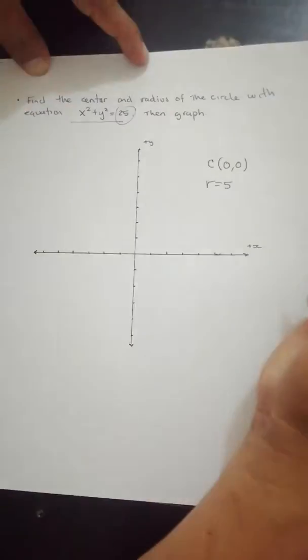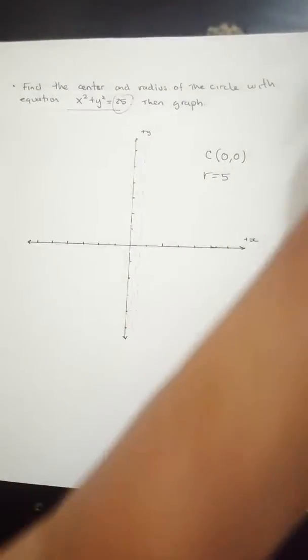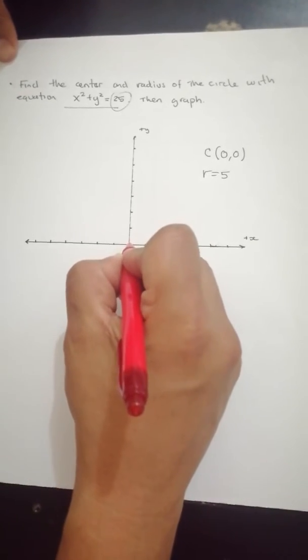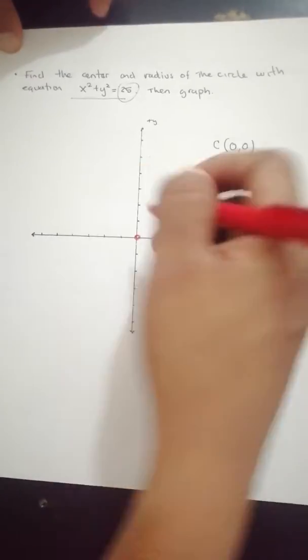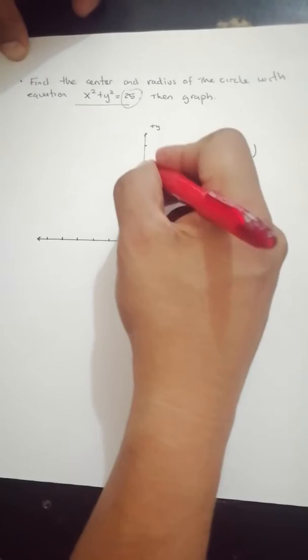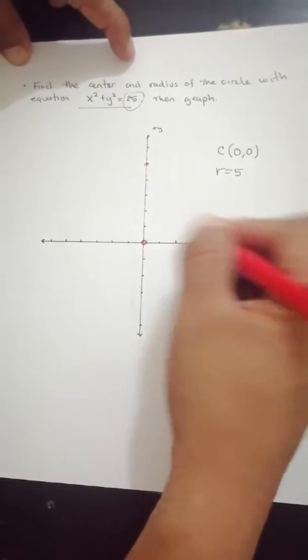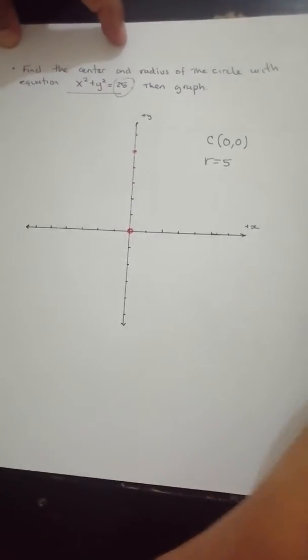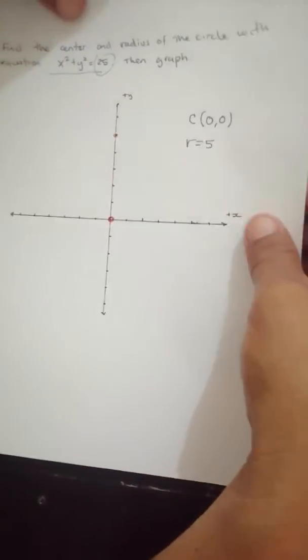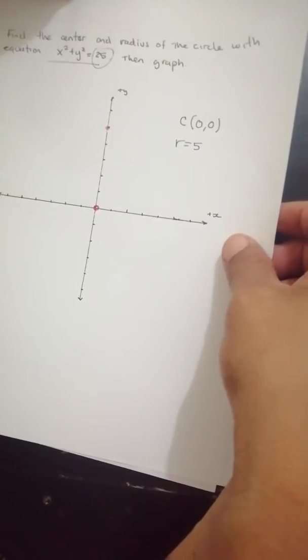That gives me the value of the radius. So this time the center of the circle is at the origin, and it will go up 3, 4, 5 units, and 5 units to every single side. Then you make a circle around that. This I will leave as an exercise because I want to finish the last problem.